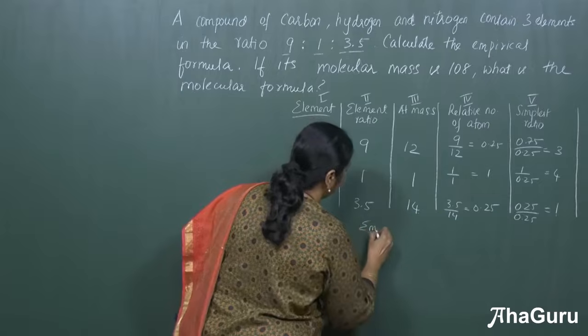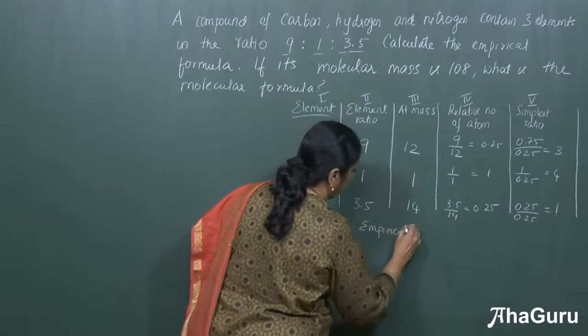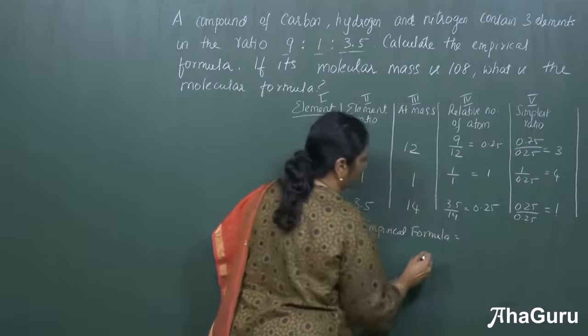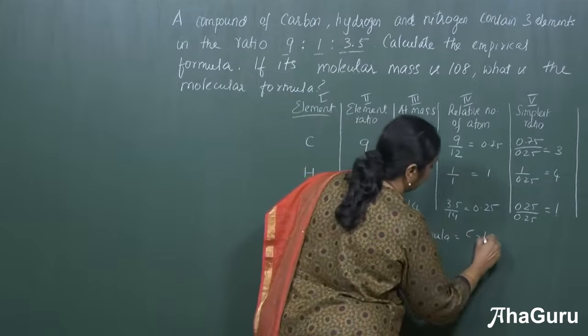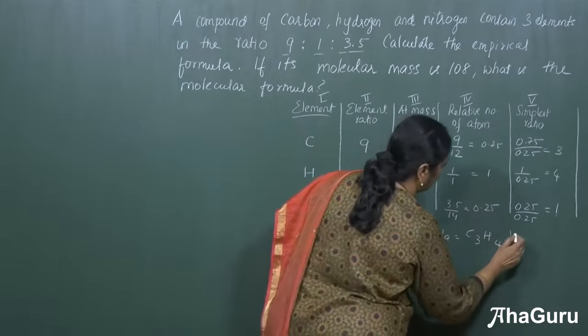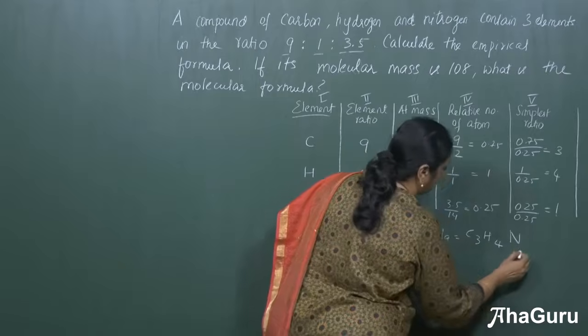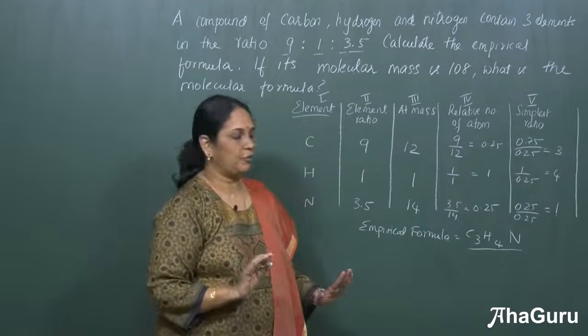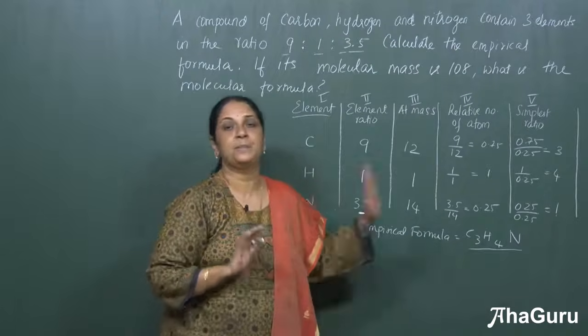So, the empirical formula for this compound is C3H4N. Sorry, 1 which is nitrogen. So, this is your empirical formula. Once you calculate the empirical formula, immediately calculate the empirical mass.